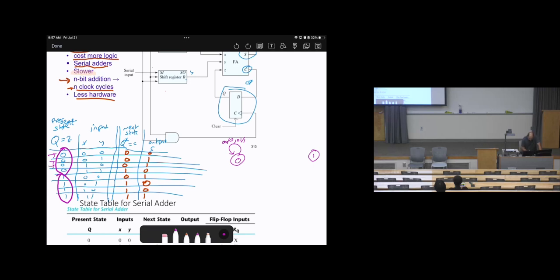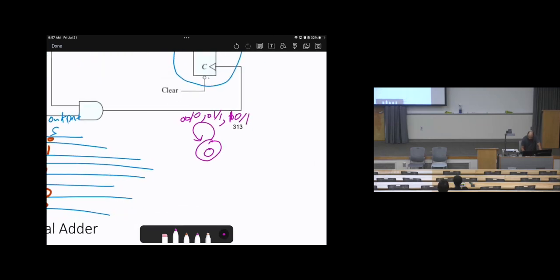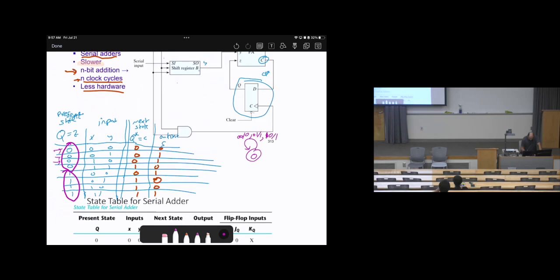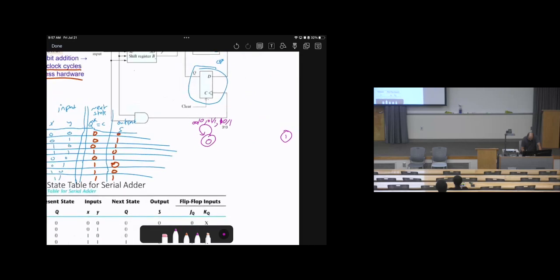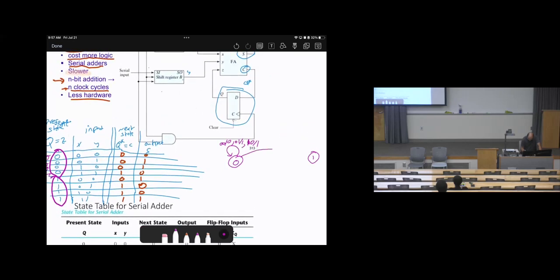Third, if the input is 10, it will remain at 0 and the output is 1. Then we can put another comma: 10, the output is 1. All of them in the same arrow here. Then number 4, if the input is 11, it will go to next state 1 and the output is 0. Okay, deal?